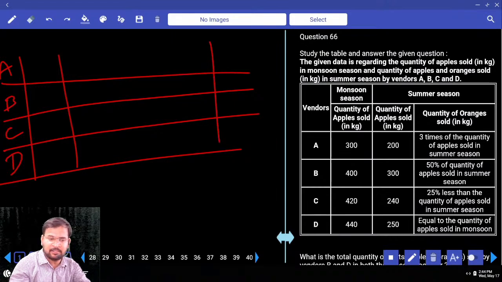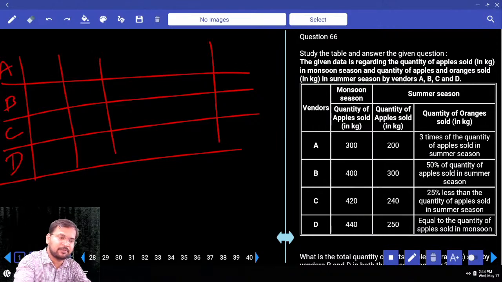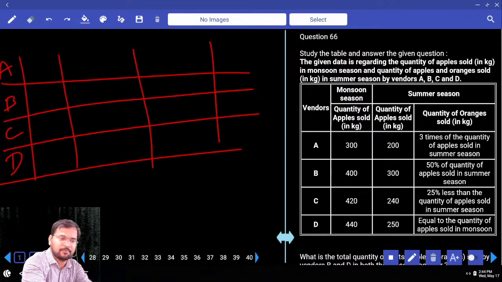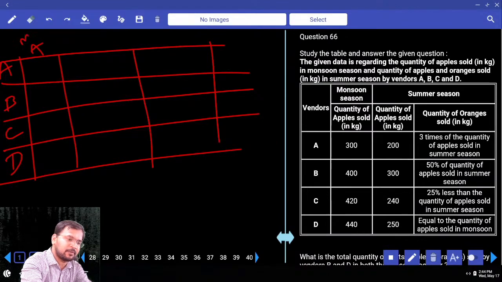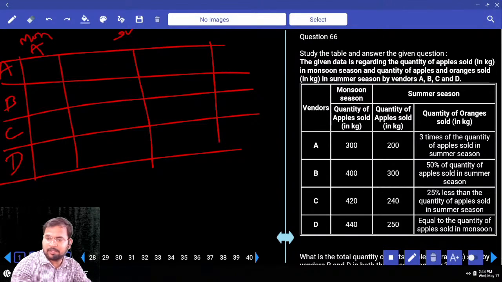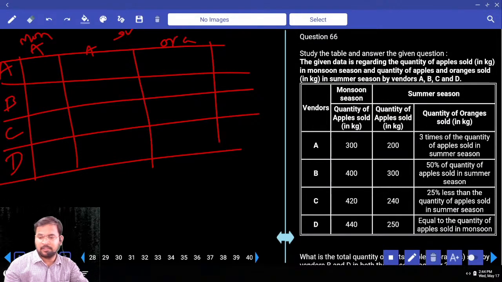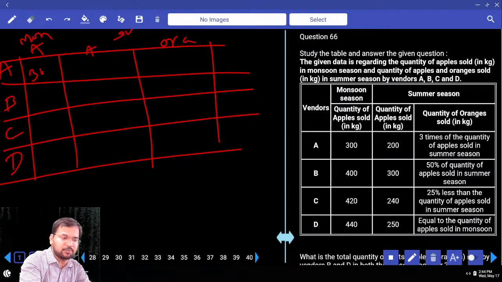In summer season, apples, oranges. Apples, monsoon season, and summer season, apples, oranges. So tell me first, this is known data only, na.